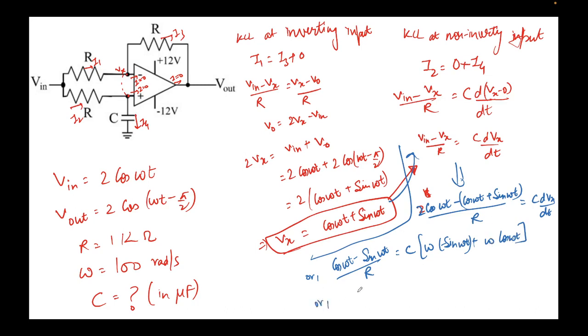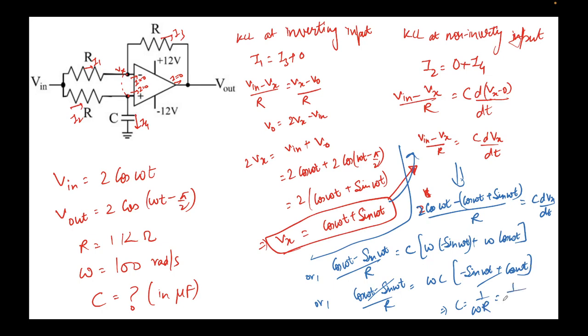So (cos omega t minus sin omega t) divided by R equals, taking omega common, omega C multiplied by (minus sin omega t plus cos omega t). Now LHS and RHS have the same trigonometric term in the numerator, so this will get cancelled with this. I'll get C equal to 1 divided by omega R.